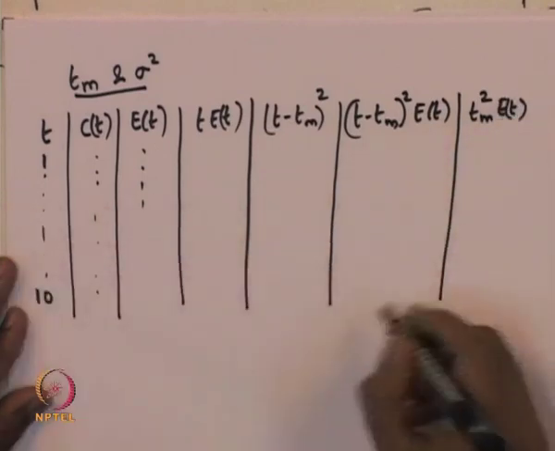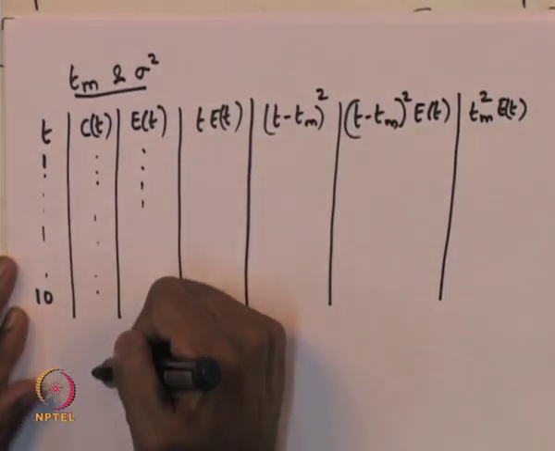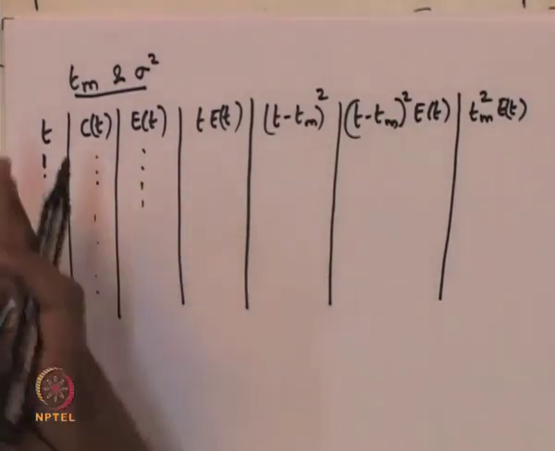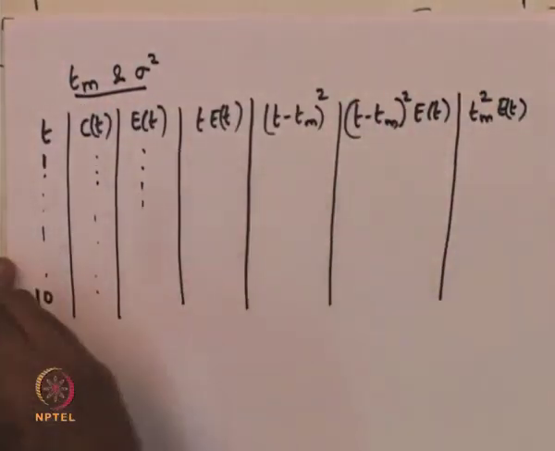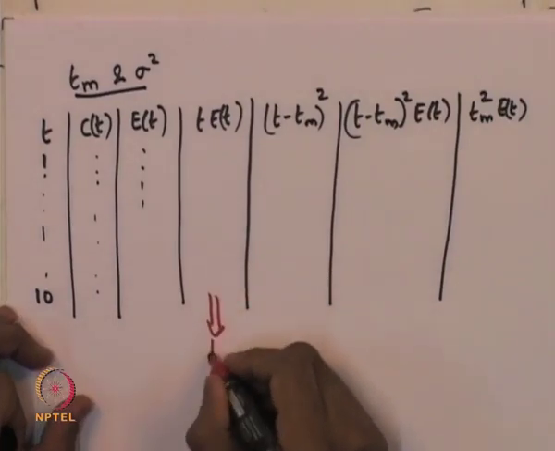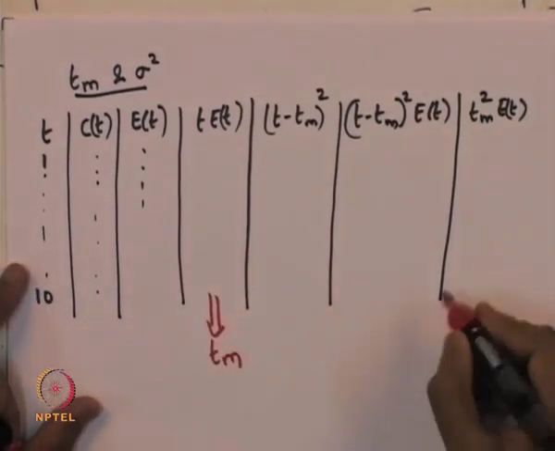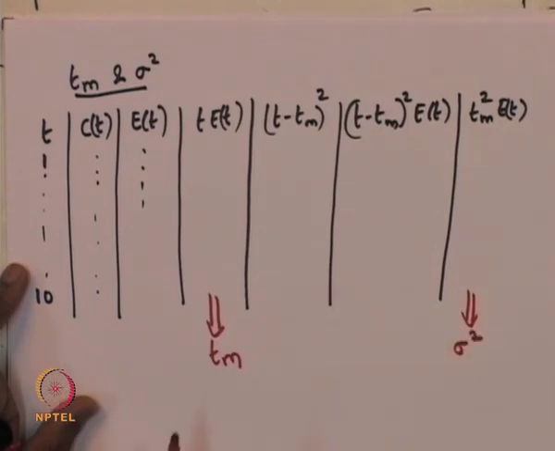So, once the experimental data of time versus concentration of the tracer is available, one can fill up this table, and from this column one can estimate the mean residence time, and from this column one can estimate the sigma square.